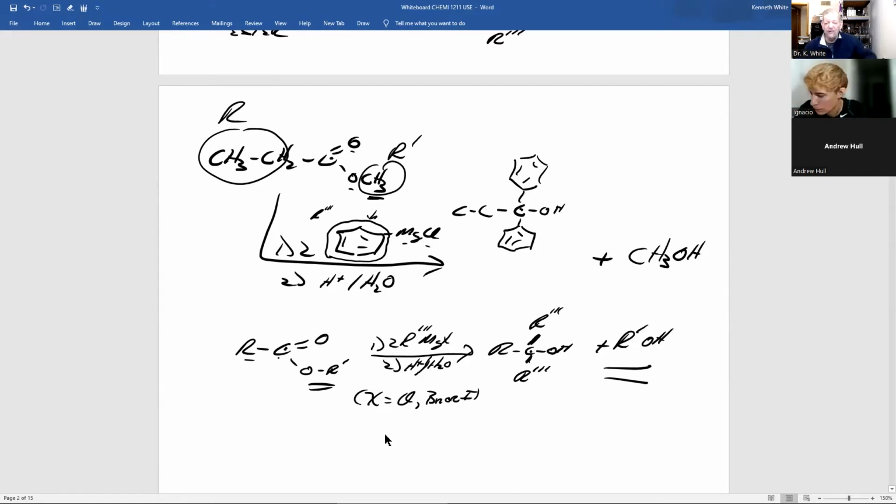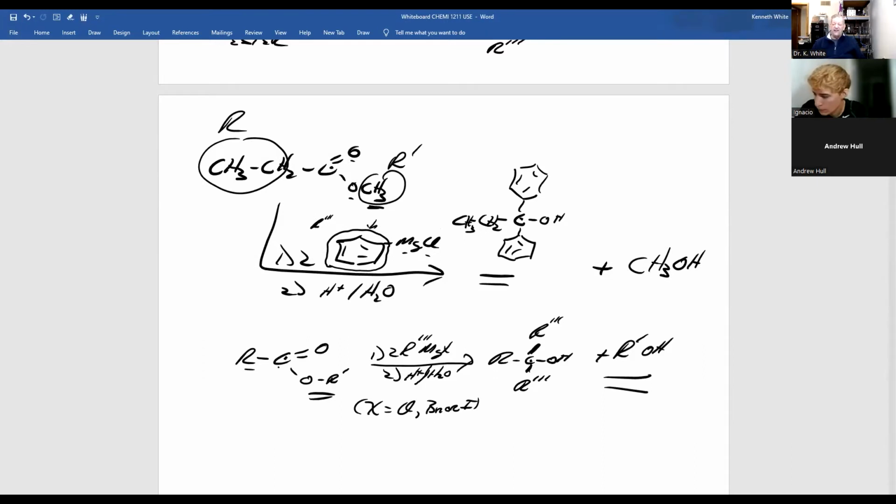Oh, wait, don't look. I forgot the hydrogens here. There are 4 bonds to carbon, so I know how to put my hydrogens in. Now you can look. All right, now if you look at this alcohol right here, this is a really sophisticated, complex alcohol. And I have no idea how to make that other than using a Grignard reagent. Well, I mean, maybe there is a way, but by using a Grignard and an ester, it's simple.